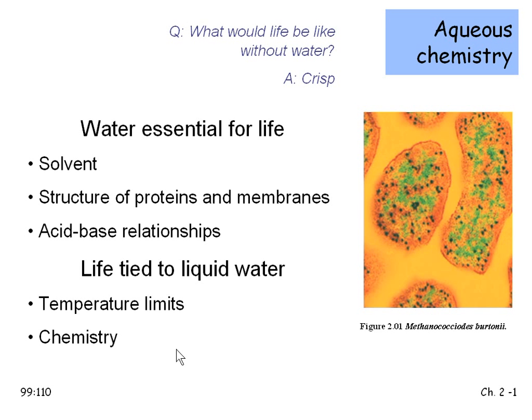And because water does all these things so well, life is tied to liquid water. You find the temperature limits to living systems bracketed by where there's liquid water. So once it's solid, there's no metabolism going on. Once it's a gas, no life going on.